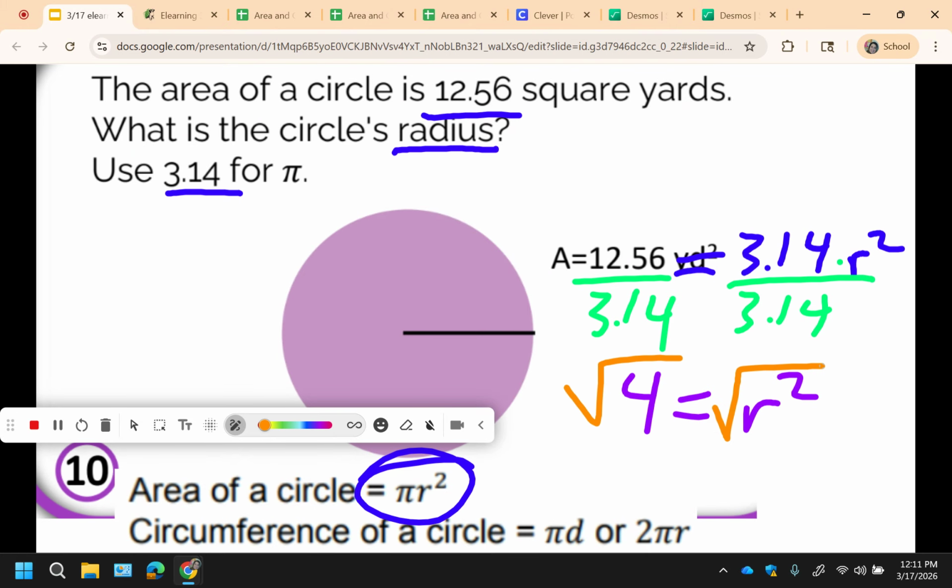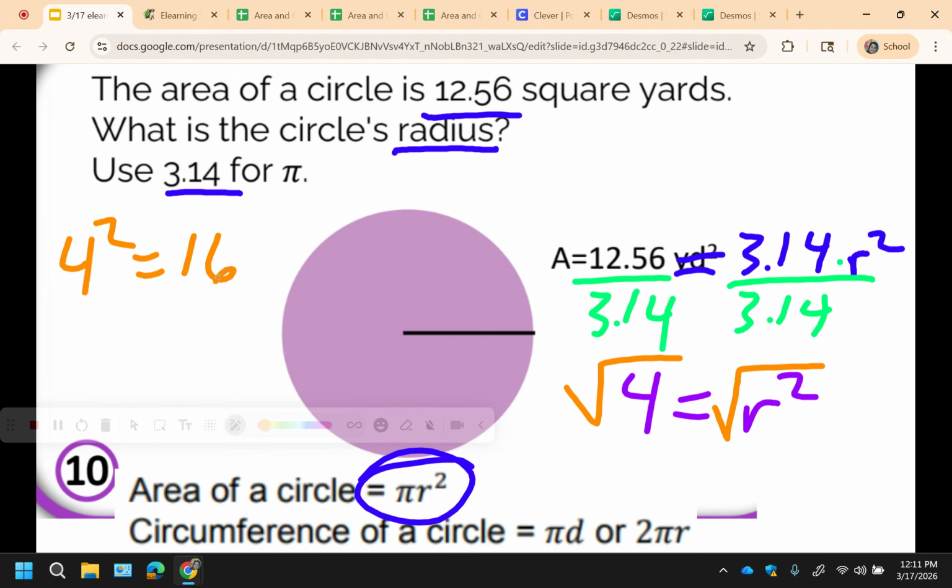Okay, remember at the beginning of the year, we talked about 4 squared equals 16. So the square root of 16 equals 4. It's using that theory. Okay, so what number do we multiply to get 4? Is 2. So here we would say our radius is 2 yards. And that's what you would put in your Google Sheet for number 10.